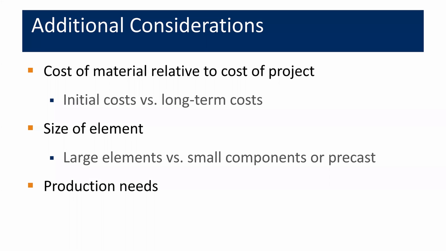Additional considerations are related to the production needs. If you have a large cast-in-place project, for example, using small batches of prepackaged materials is going to make the process a lot longer and production a lot longer. So consideration of the production related to the project. And finally, the last consideration with respect to UHPC is, do you actually need the performance?